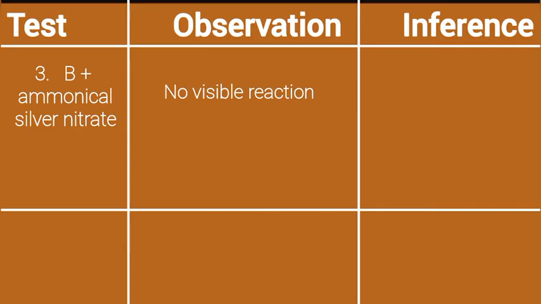So I am assuming that on adding ammoniacal silver nitrate to liquid B, there was no white precipitate formed, no visible reaction. It means that I have eliminated the possibility of liquid B being an alkyne, pentyne in this case.